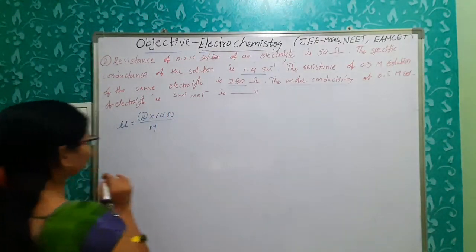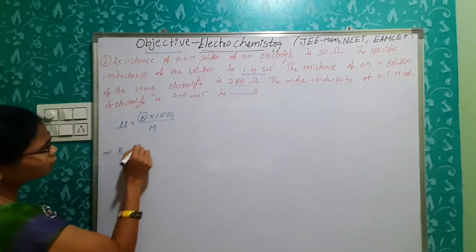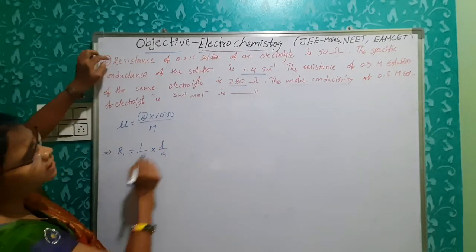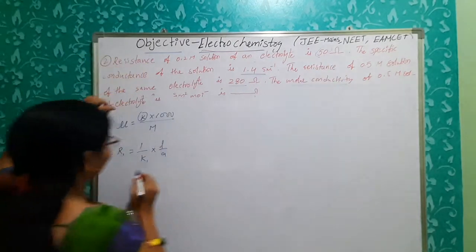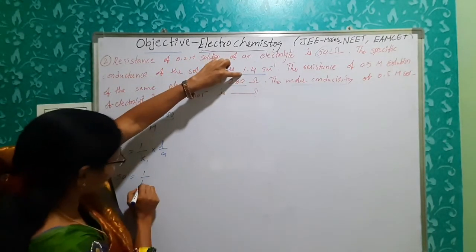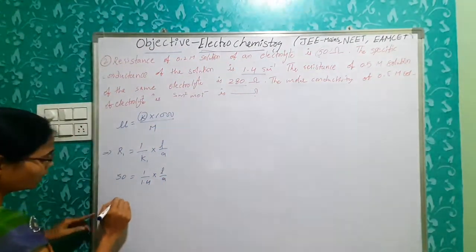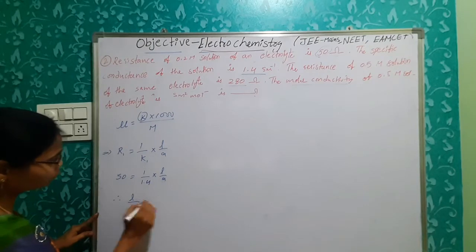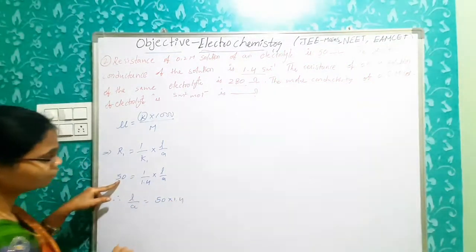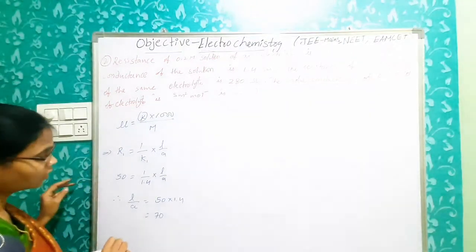For K, initially you can take R1 is equal to 1 by K1 into L by A. R1 is given as 50, which is equal to 1 by K1, K1 is given as 1.4, into L by A. So L by A is equal to 50 into 1.4, that is 70.